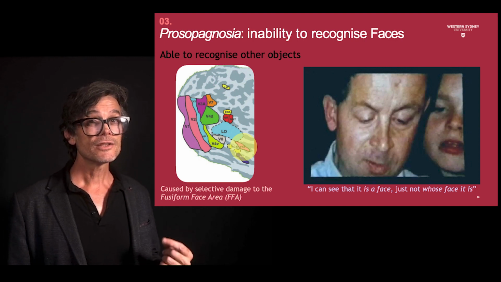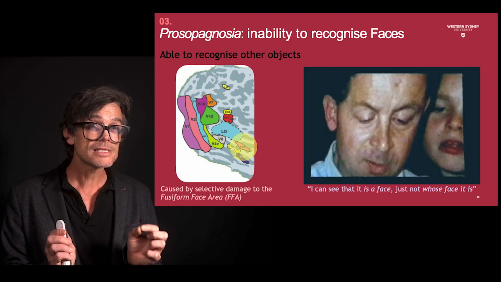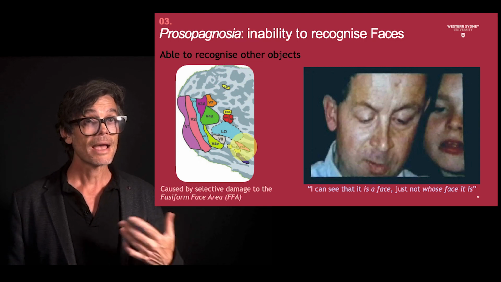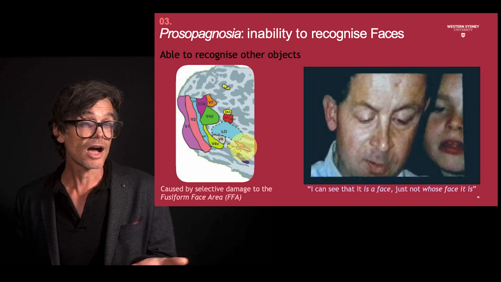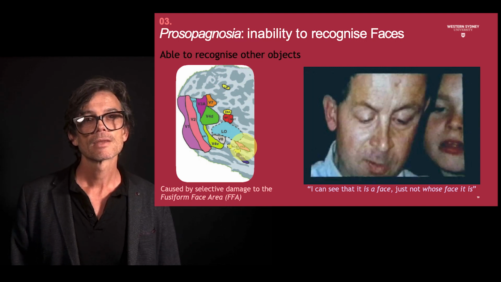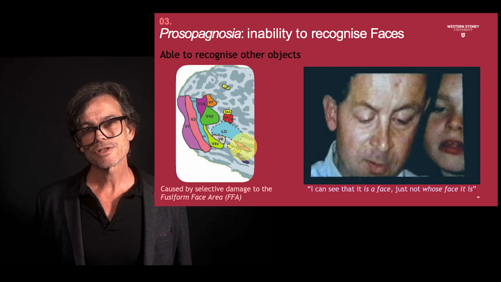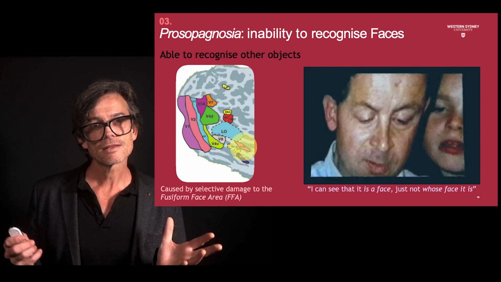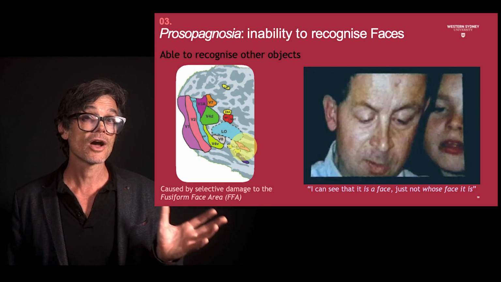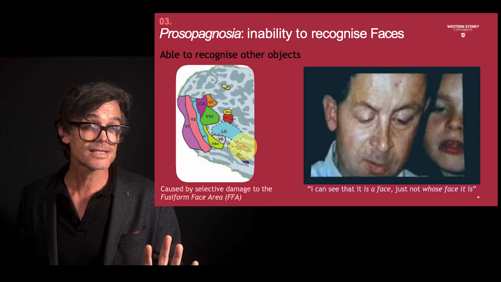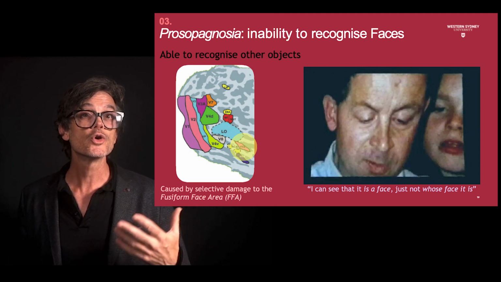Interestingly, individuals with this extremely specific neural damage remain able to recognize other objects. A functional implication of this neural dissociation is that these individuals are able to recognize that a face is a face, but are unable to say whose face it is.